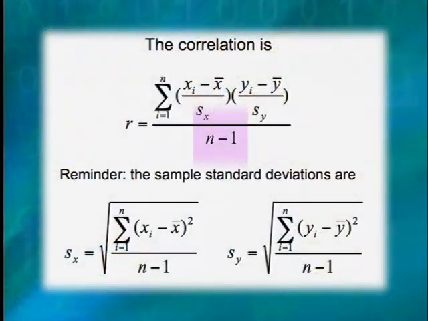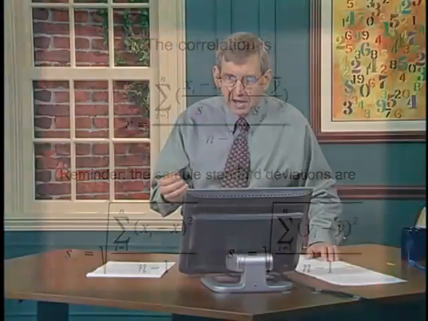And then we take sort of an average. It would be an exact mean if we divided by n, because you have n data points. Instead, we divide by n minus 1. There's a slightly technical reason why we divide by n minus 1 instead of n. But morally speaking, this is just an average, the mean of this product.